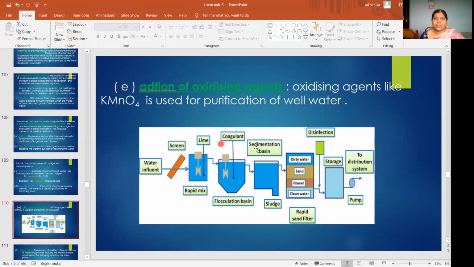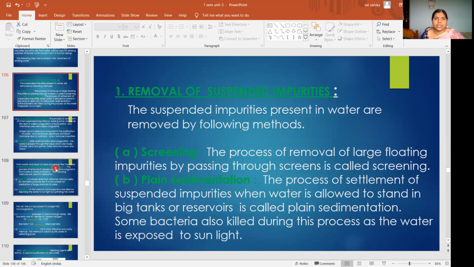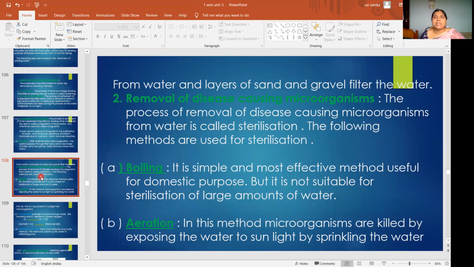So this is the diagram of municipal treatment of water for drinking purposes. What we did was remove the suspended impurities. Then what you have to remove next is the disease causing microorganisms.